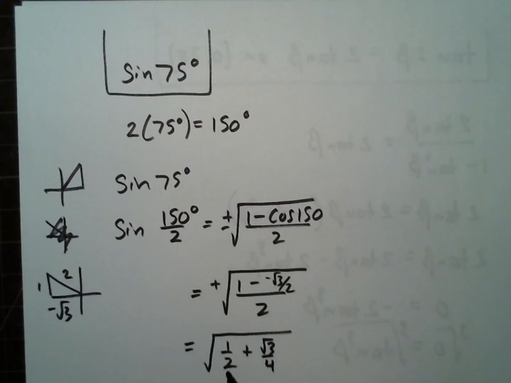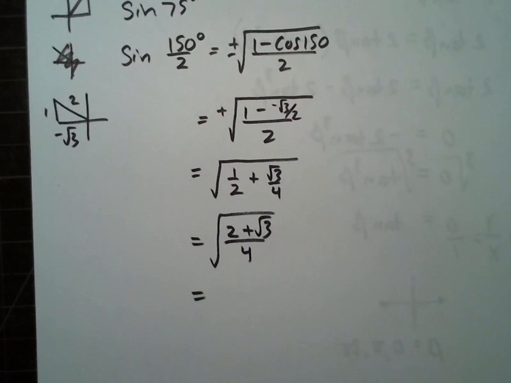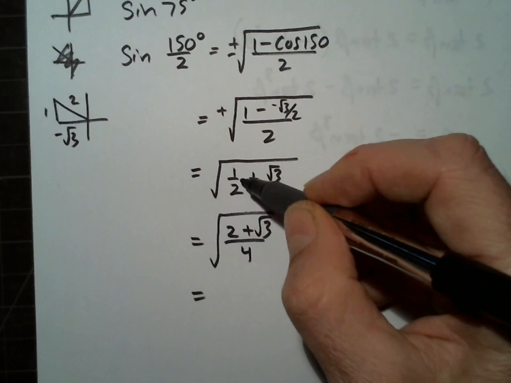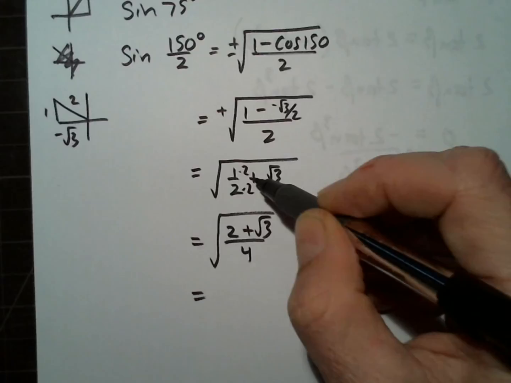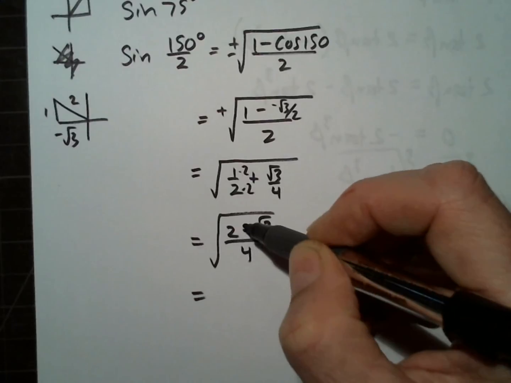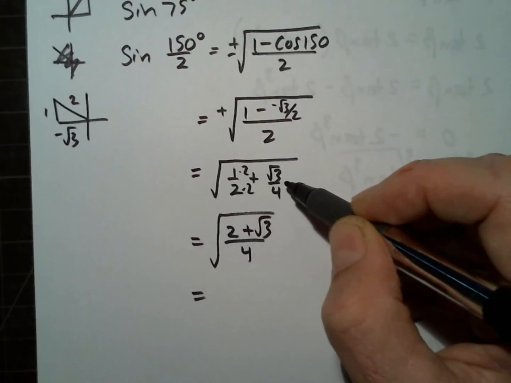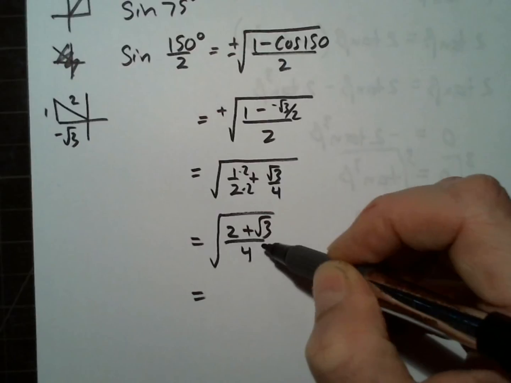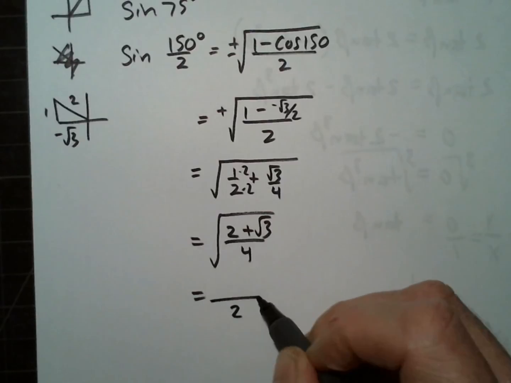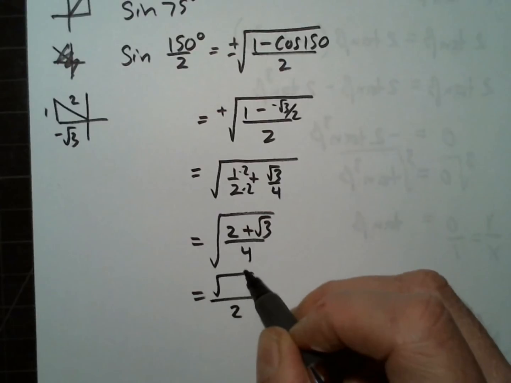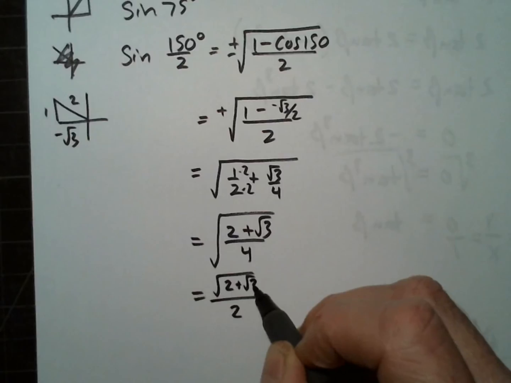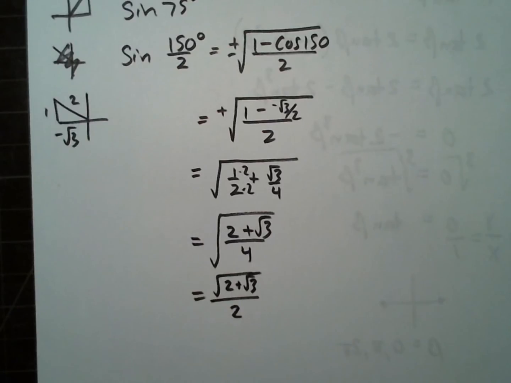That'll be a 2 over 4. So I multiplied by 2 over 2 to get 2 over 4. And then we have 2 plus radical 3 over 4. The denominator, you can take the square root of the denominator and bring it out. And we can leave it like that.